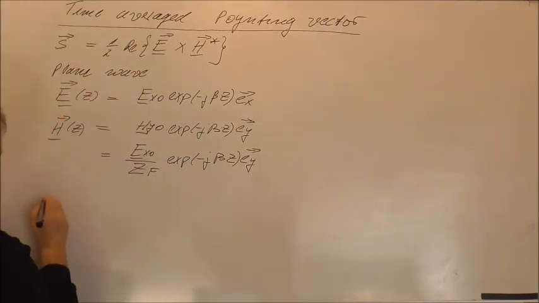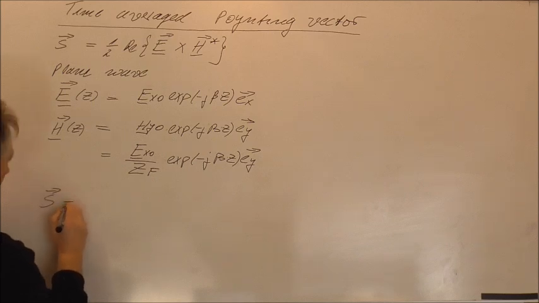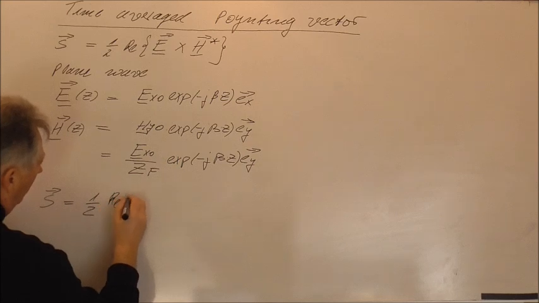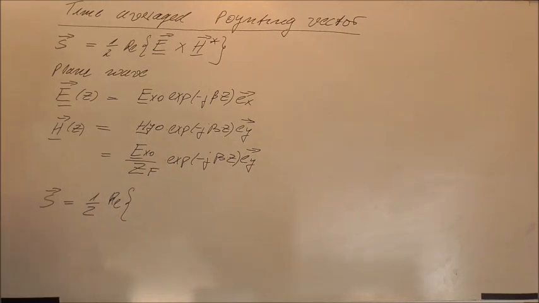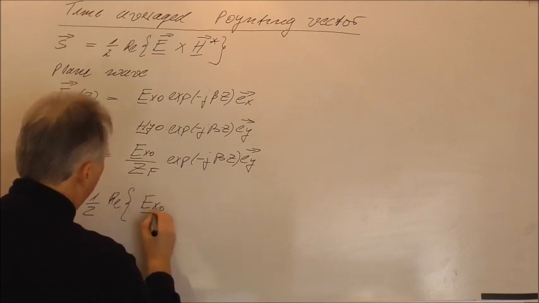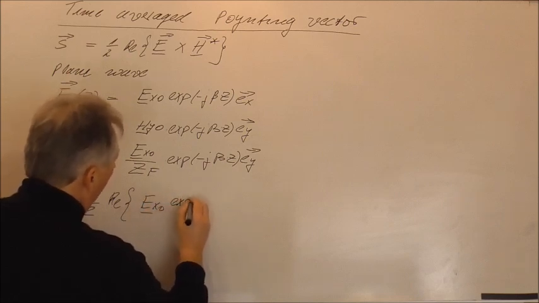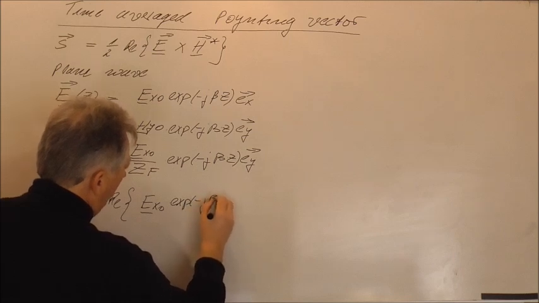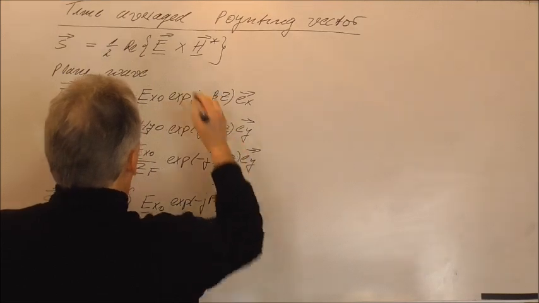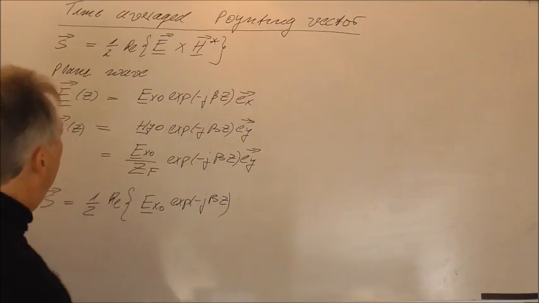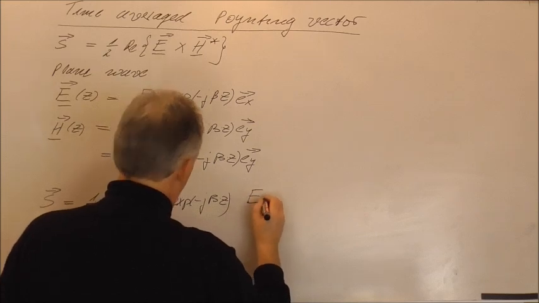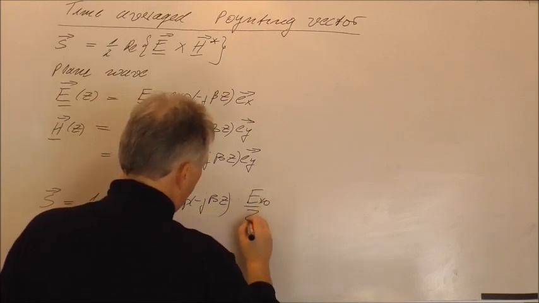So what we have to do is to get the cross product of these two elements. So the Poynting vector for the plane wave will be 1/2 the real part of the electric field, which will be Ex naught times the exponential function of minus j beta z, times the magnetic field, but in the case of the magnetic field we have to take the conjugate complex, so it will be Ex naught divided by Zf.